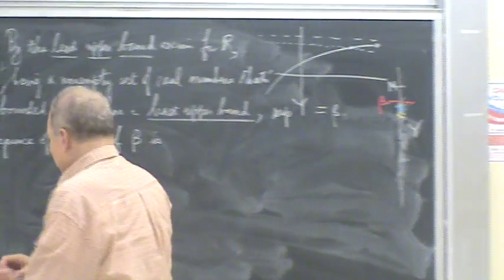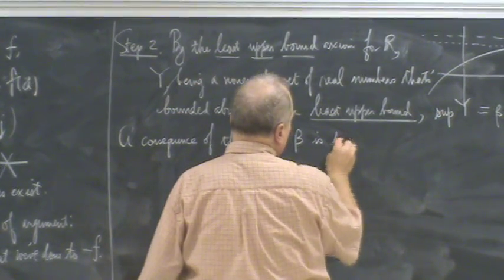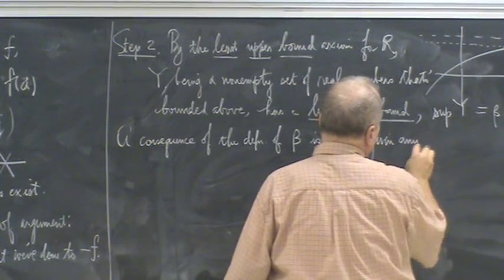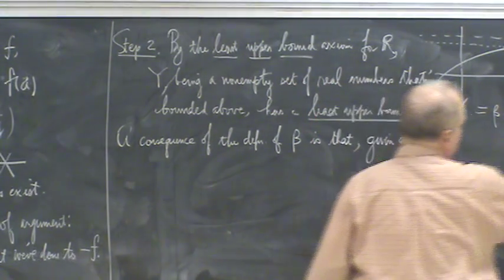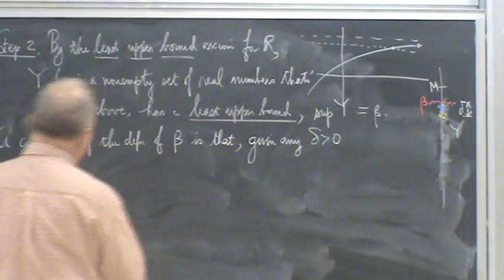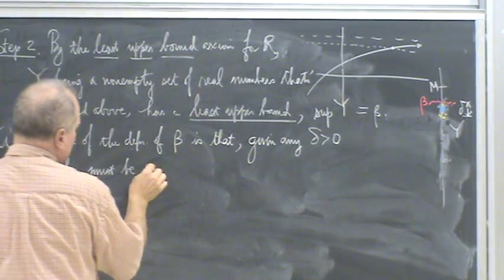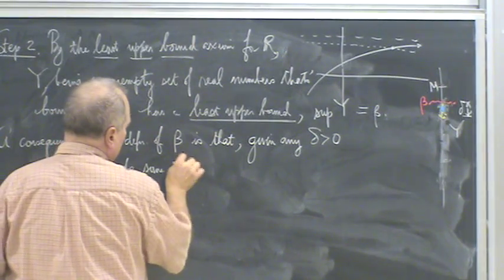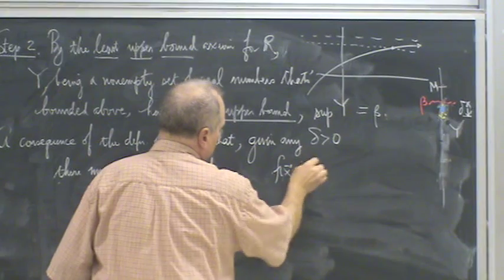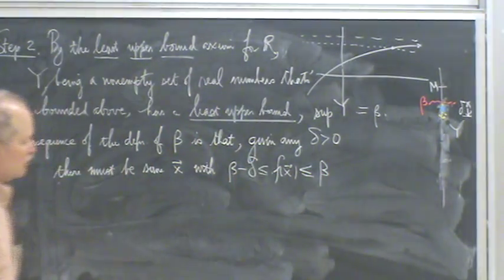So the precise statement of that is, the consequence of the definition is that given any delta bigger than 0, which is this distance here, there must be some x with f of x between beta and beta minus delta.